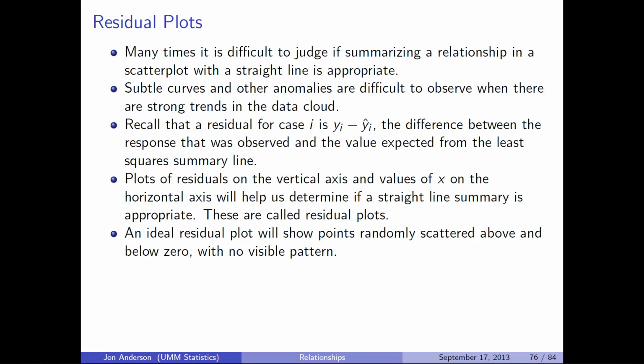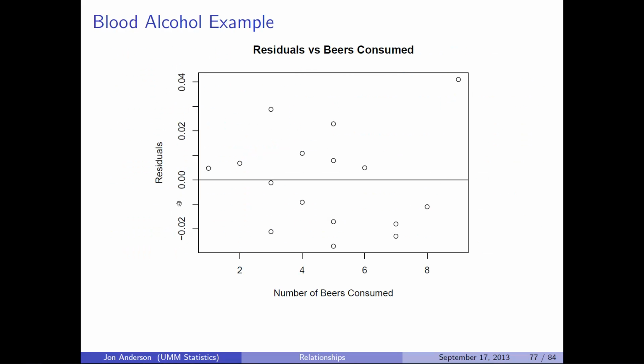Sometimes it's hard to judge whether summarizing a relationship with a straight line is a reasonable and good thing to do because of tilt in the scatterplot display. And so one way around that is to orthogonalize or make 90-degree angles in your displays and plot residuals on a vertical axis and, say, the predictor variable on the horizontal axis.